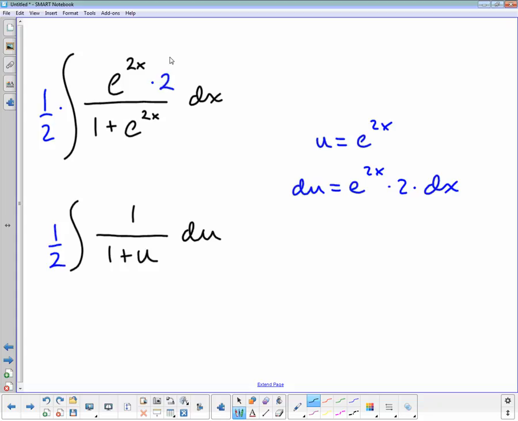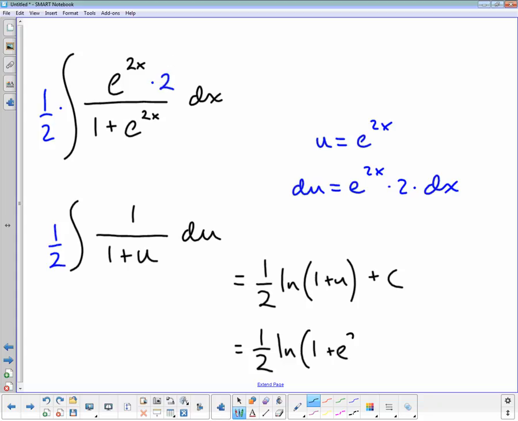And now this is the natural log, and resubstituting, I get the same thing. So it didn't really matter what I used, as long as I didn't break a rule.